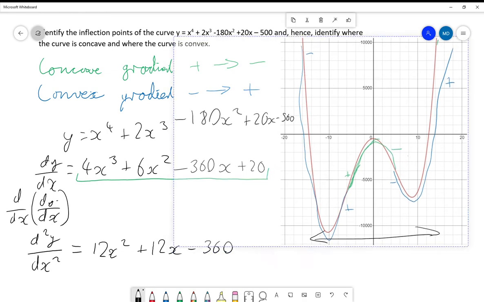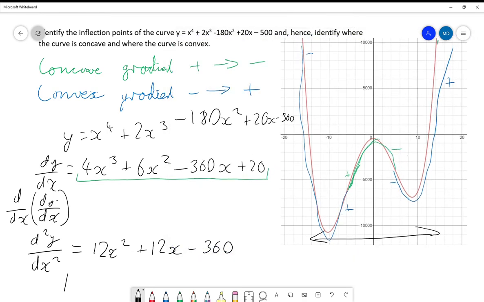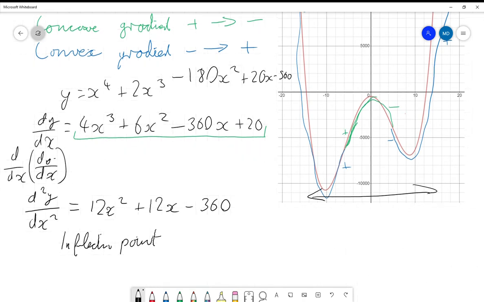So for our inflection points we have d2y by dx squared equal to 0, and this is the key thing. For inflection points, you have d2y by dx squared equal to 0, because it's where the gradient isn't changing. Only instantaneously, but instantaneously it isn't changing.